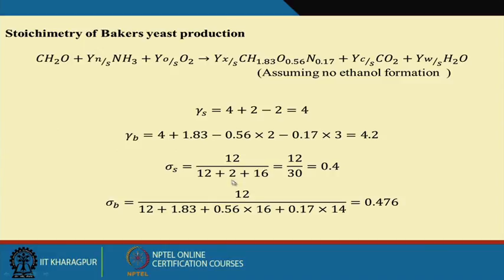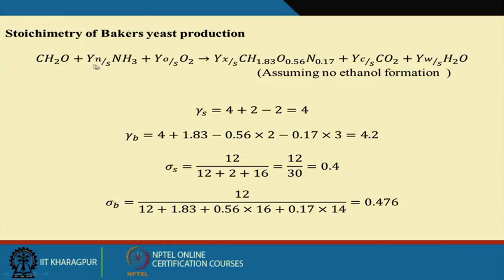Now, you can remember that the stoichiometry is like this. This is 1 gram atom of carbohydrate. Carbohydrate, the name signifies, carbon and water should be present there. So, it is C6H12O6 if you consider glucose, and if you divide by 6, then you get the 1 gram atom of substrate.